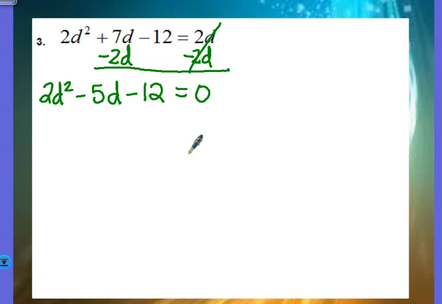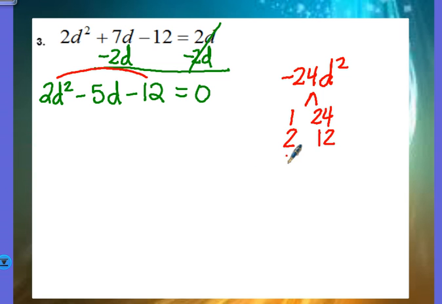Once it's equal to 0, we must factor completely. Is there a GCF here? In this case, no, so that means we are going to do AC. So negative 24 d squared, and let's continue listing our factors. We've been coming across 24 quite a bit, so hopefully you're getting good at listing the factors here.